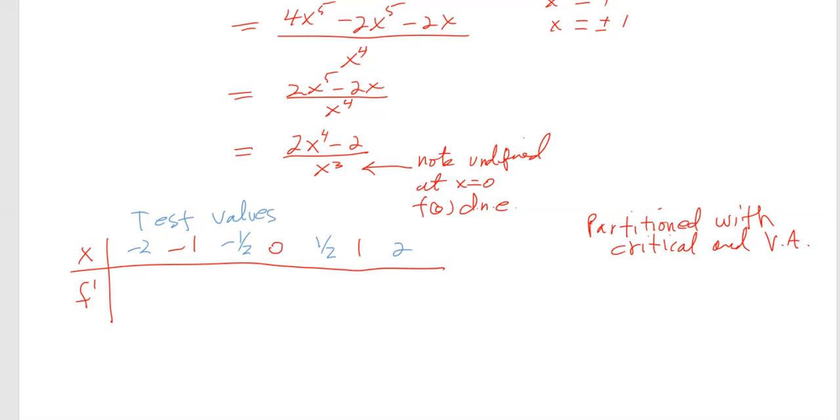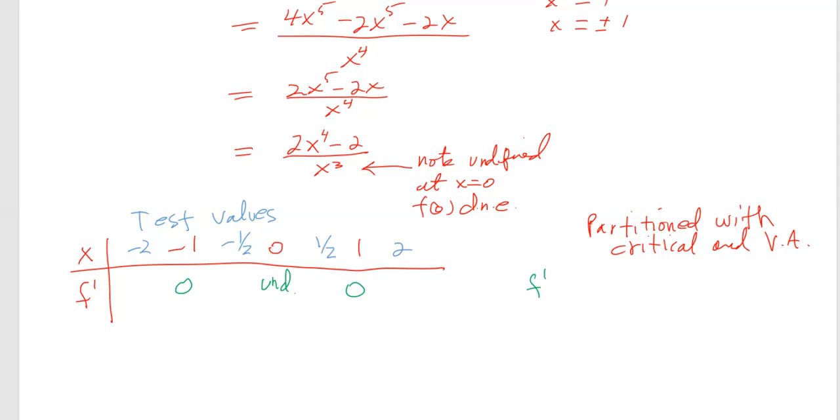And I'm going to fill in the chart based on those numbers. Okay, so in here, I already know this is a 0, and I know this is a 0, and I know this is undefined. I'm testing these blue points here. So off in the margin someplace, we'll do our testing.